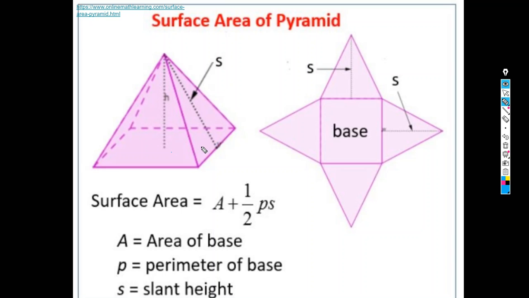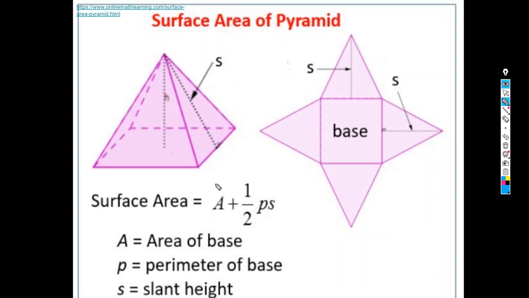We are looking for the outside edge of the pyramid. Okay, so we're going to be using this slant here, this slant that's perpendicular to the base. Okay, so this slide suggests using this formula here.